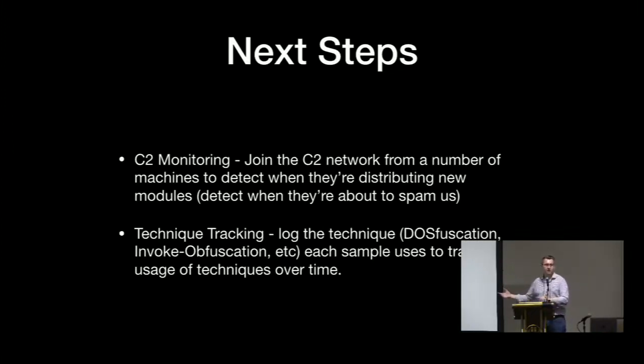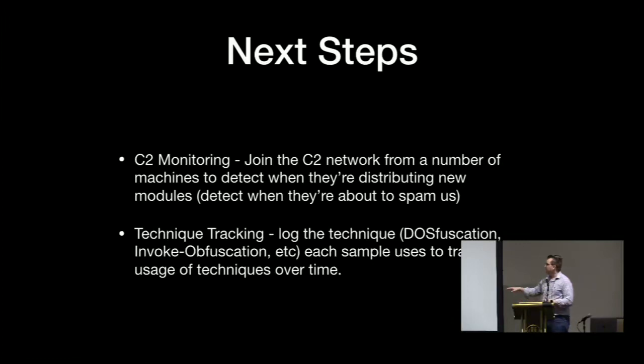Who wants to pay $800 to distribute their malware on 500 machines? And so you can see all this different malware deployed with Emotet. If we start monitoring these C2s and actually joining them, we could see those modules getting pushed down. Maybe hurt their profit margins a little bit, because it's a little less effective to infect a honeypot.